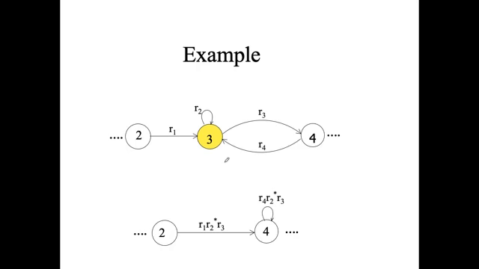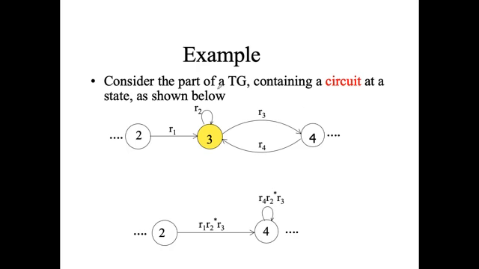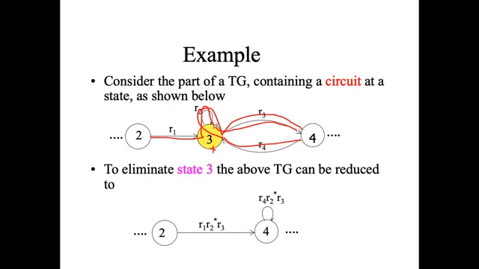This is another example. Consider the part of a TG containing a circuit at a state, as shown below. Now this is not straightforward, because we have one transition like this one and another transition like this, and this. So if we remove state number 3, we have to deal with these loops.